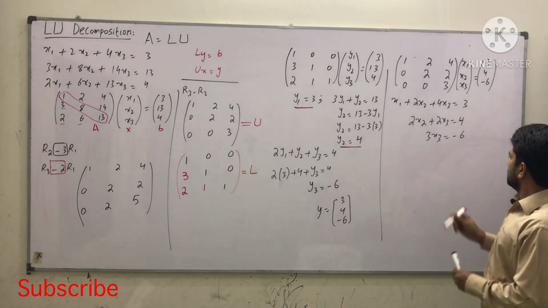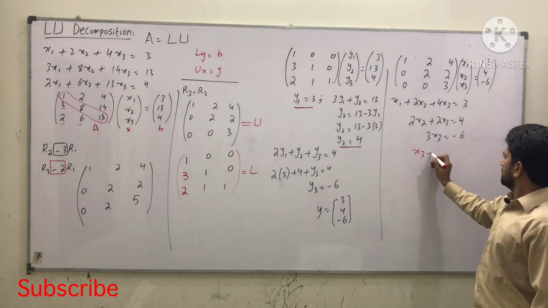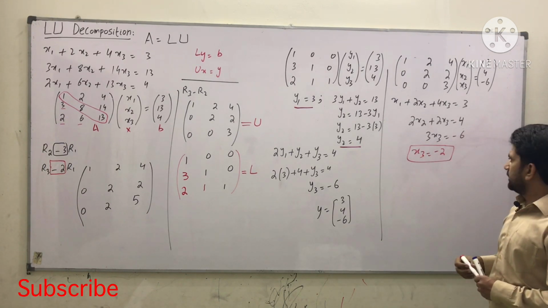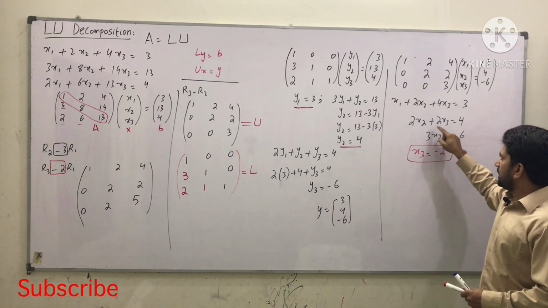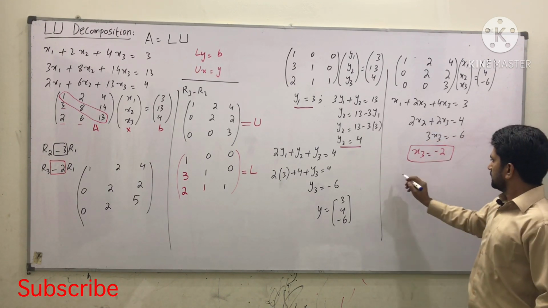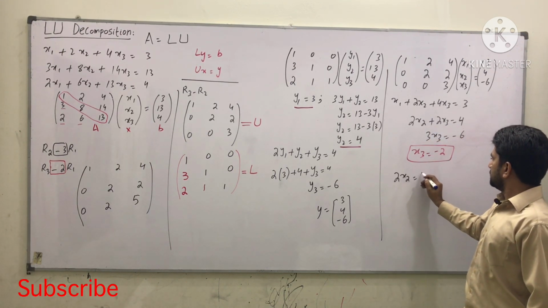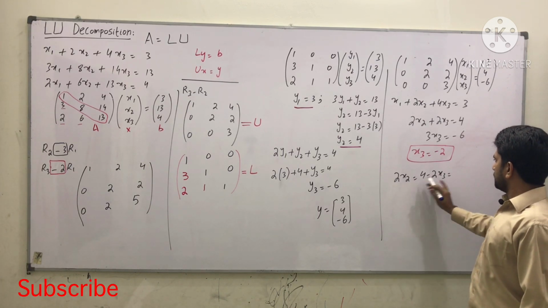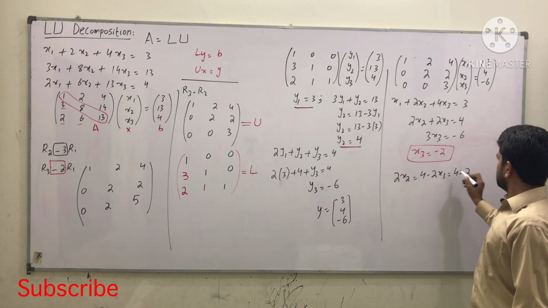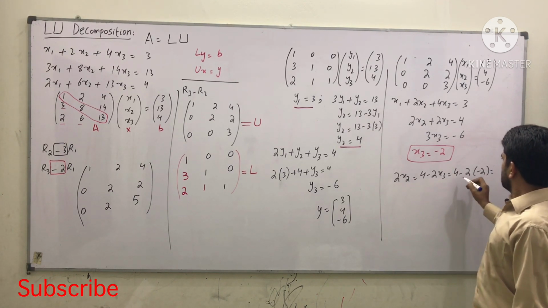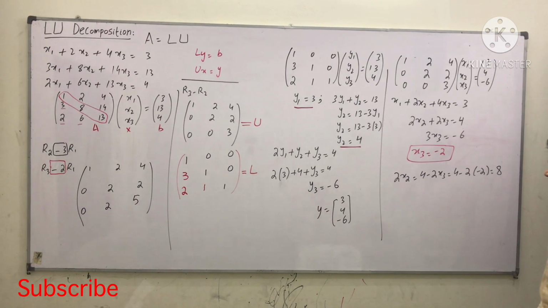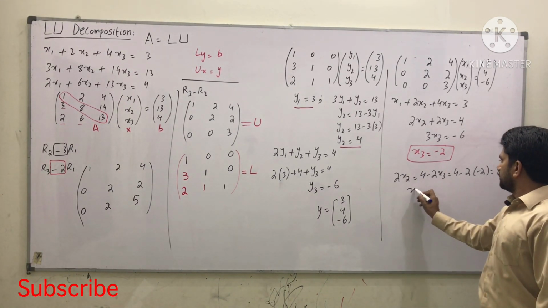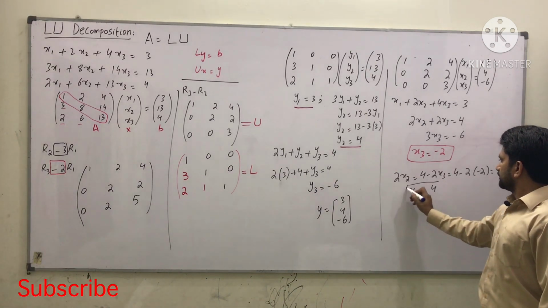From here we get x3, which is minus 2. If I put x3 in this equation, I will get x2. So 2 times x2 equals 4 minus 2 x3, then 4 minus 2 times minus 2, 4 plus 4 is 8. Now x2 will be 8 divided by 2, which is 4.